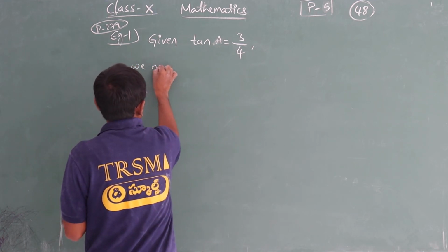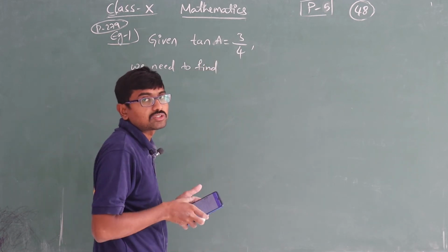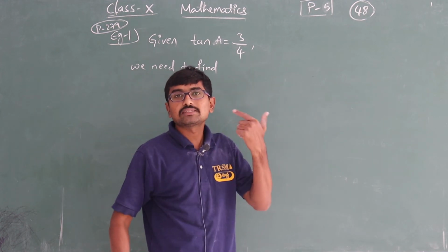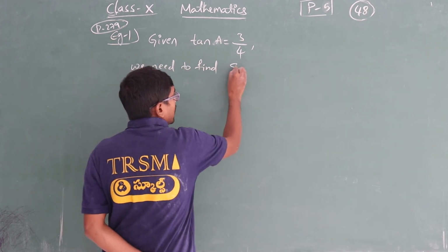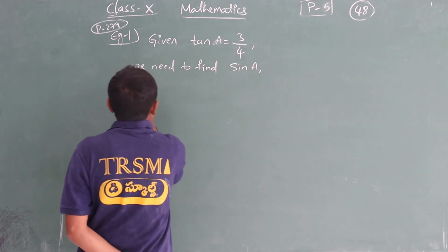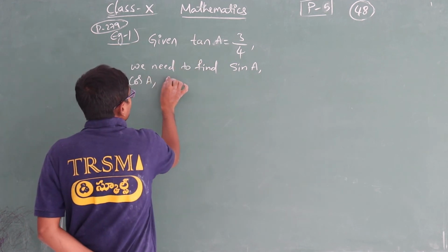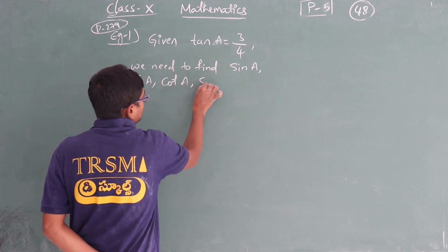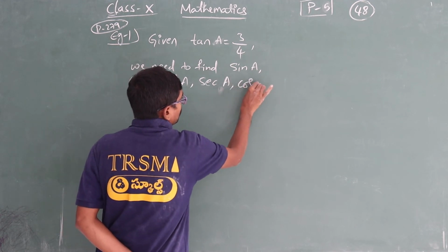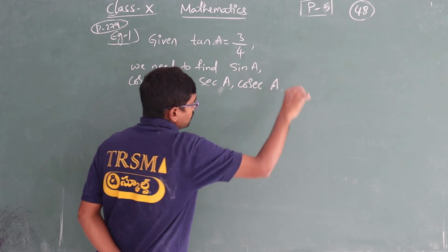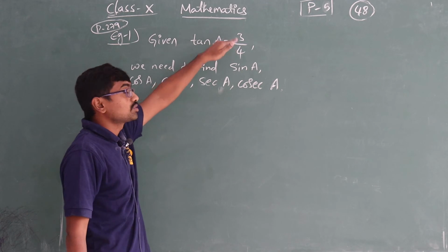We need to find the other trigonometric ratios at angle A. The acute angle is at A only. So what are the other trigonometric ratios at A? Sin A, cos A, tan already he had given, cot A, secant A and cosecant A. He had given tan A is equal to 3 by 4.